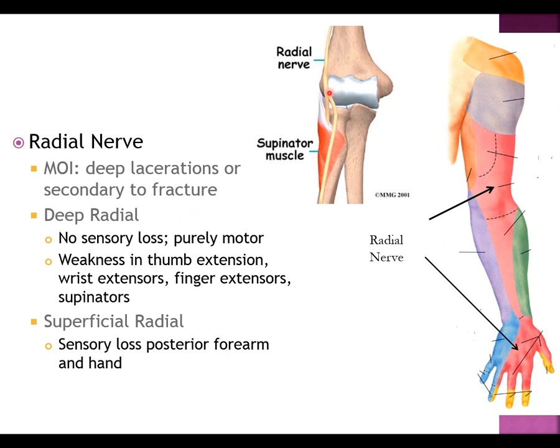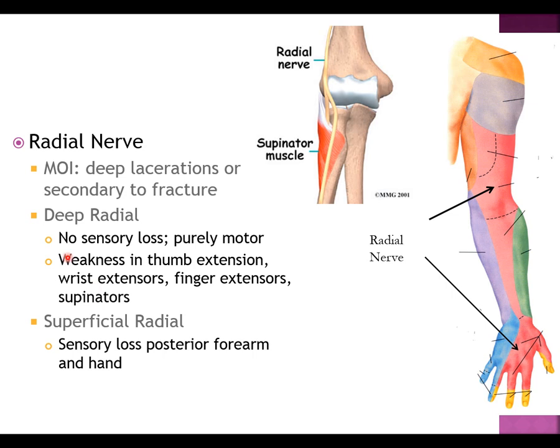So if the deep radial nerve is involved, this one is purely motor and not sensory. So some of the muscles we already memorized are going to have that motor nerve for the deep radial nerve. The radial nerve is going to get most of the muscles for thumb extension, wrist extensors, and finger extensors, supinator, are all the deep radial nerves. So posterior forearm muscles, so all these together are going to be located on the posterior side.